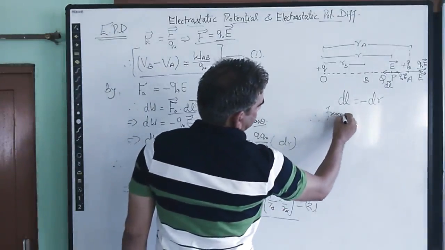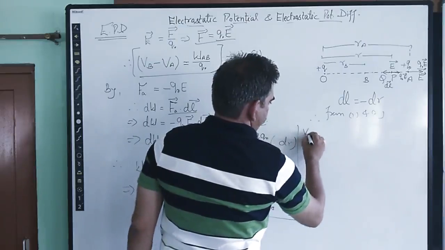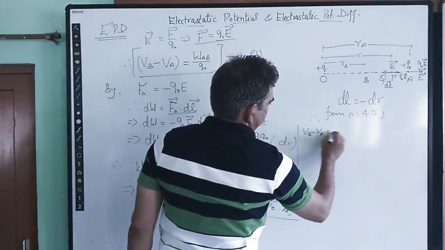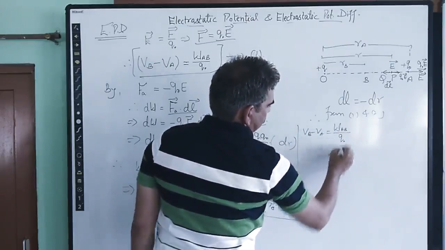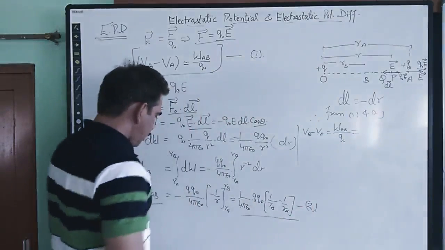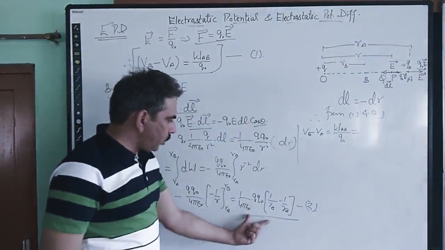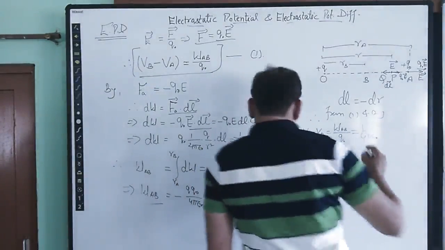So from 1 and 2, the electric potential difference VB minus VA simply means WAB, the total amount of work done per unit test charge. Whenever we divide this WAB by Q naught, we get 1 upon 4 pi epsilon naught.